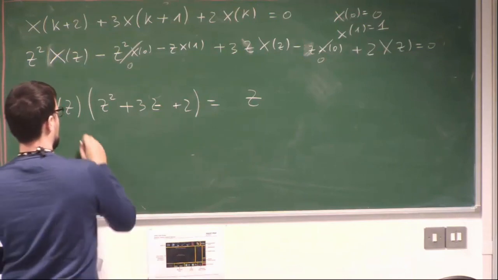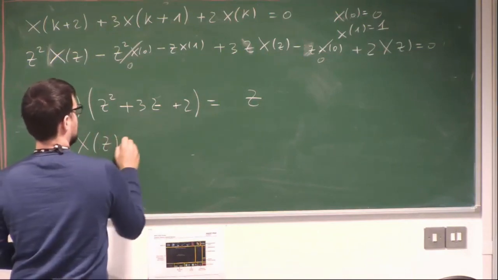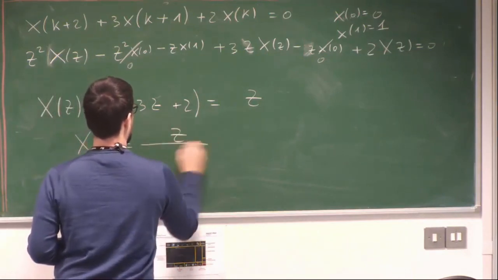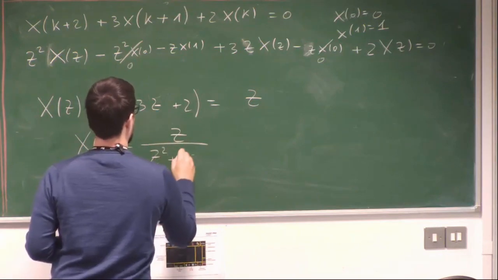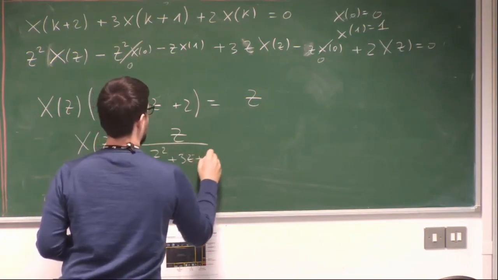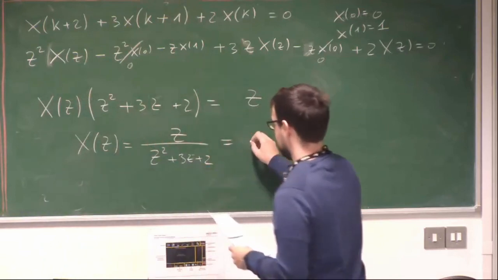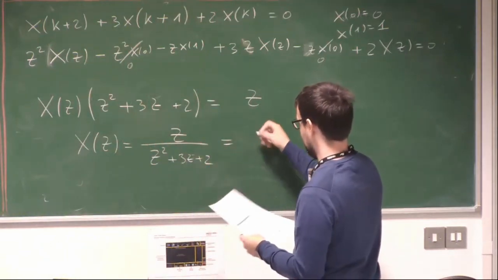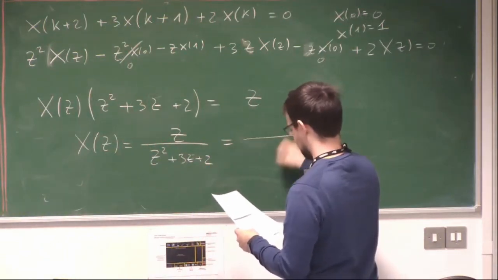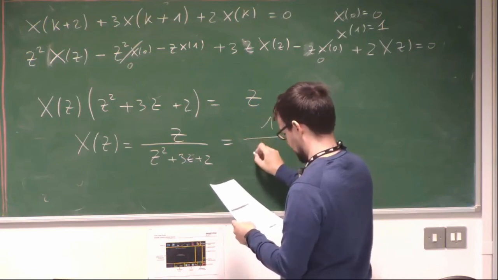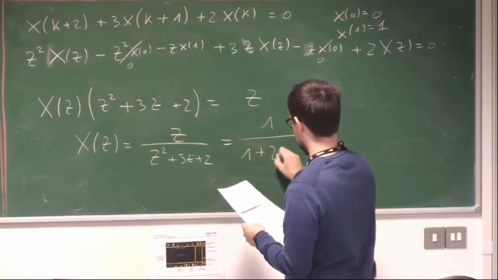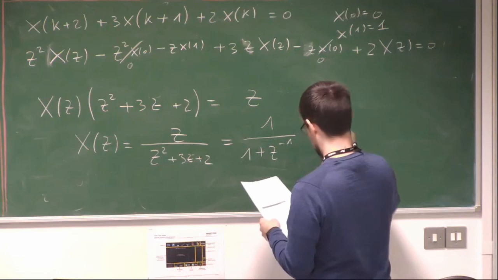And so we have that x of z is equal to z divided by z power 2 plus 3z plus 2. So now we just have to factorize these two terms and compute the residuals, and so we use partial fractions, and we obtain this result once we do the computation.